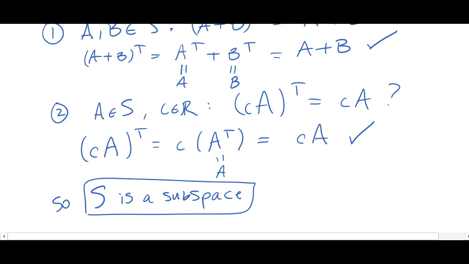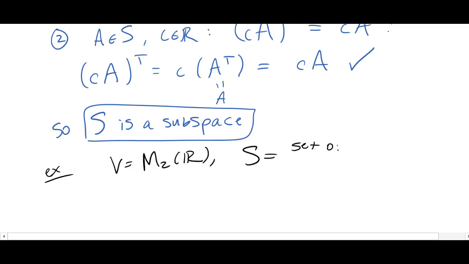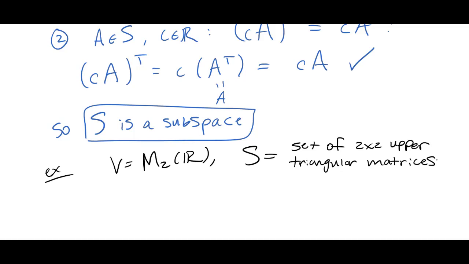Another example would be, if V is the same M2R, S is the set of 2x2 upper triangular matrices. I think S is a subspace. If you add two upper triangular matrices, is it still upper triangular?